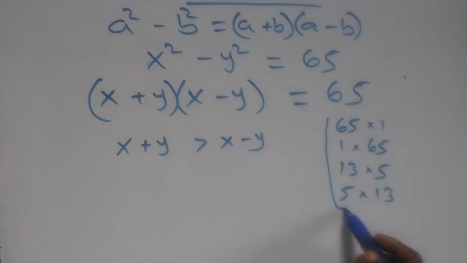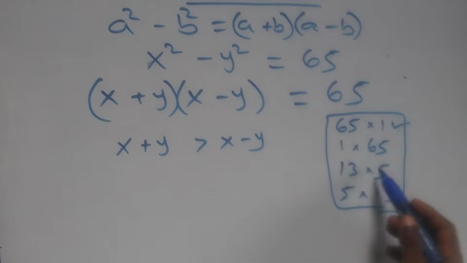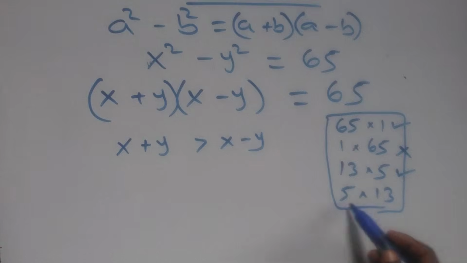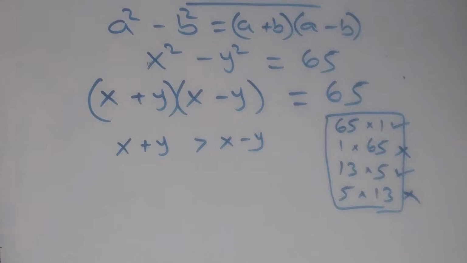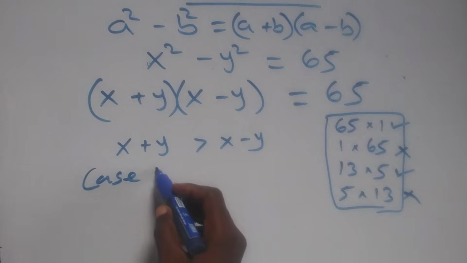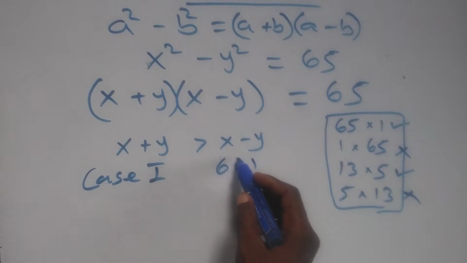And when we look at these four possibilities, here the first is greater than the second. Here the first is lesser, so this will not work. The first is greater. This first is lesser. So we have two conditions here. That is case 1, when we have 65 times 1.